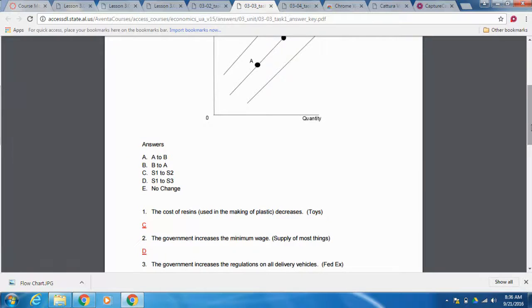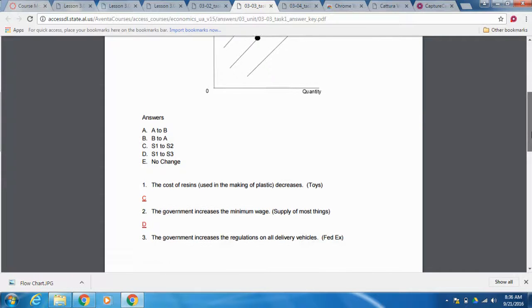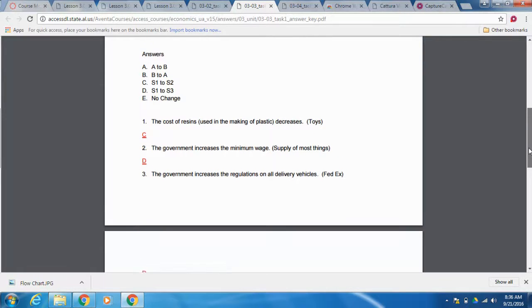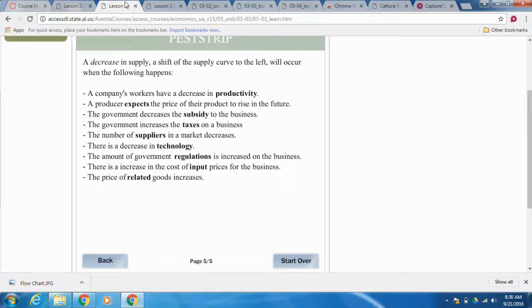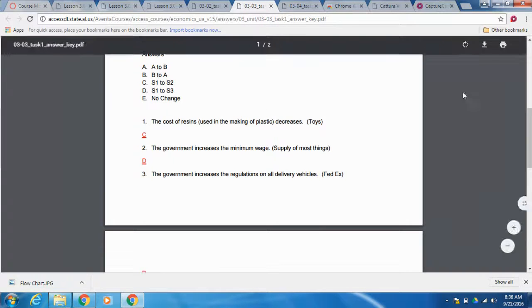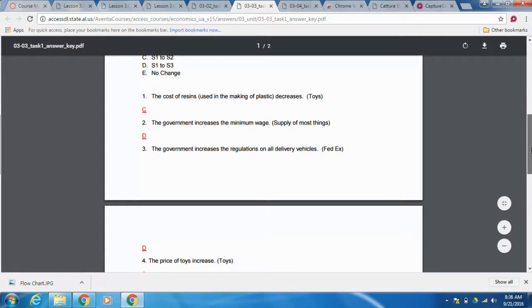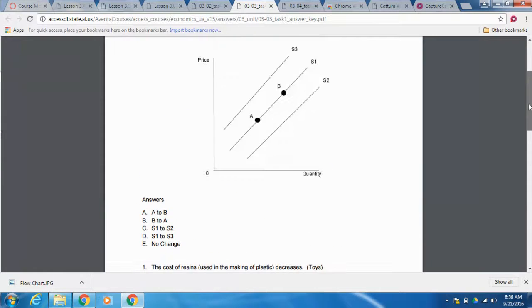The government increases the regulations on all delivery vehicles. That's also going to be D. Okay, if you go back and look over here, decrease is when government regulations is increased on the business. Okay, number 4, the price of toys increases. What's going to happen?